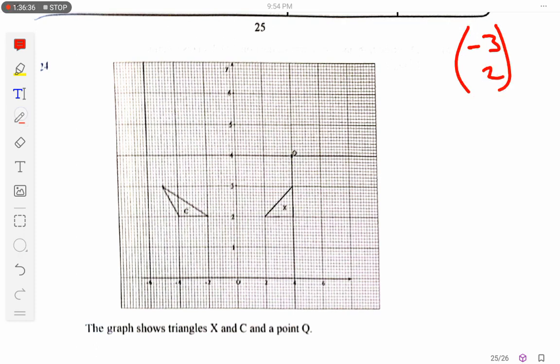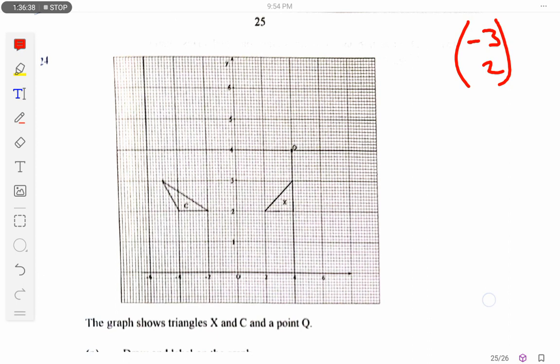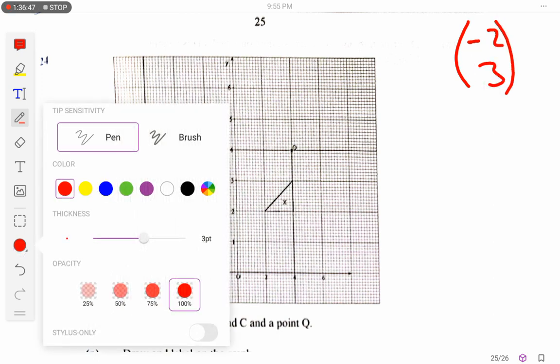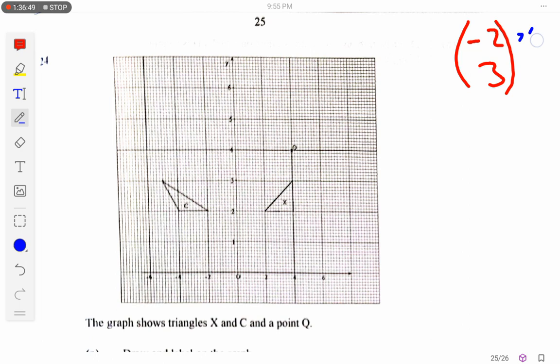Am I right there? It's -2 and a 3. Yeah, I noticed that. That's a -2 and a 3. So what it means here is this: this is our X value, this is our Y value. When they say minus, you are going this side. When they say it's a plus, you are going to go up.